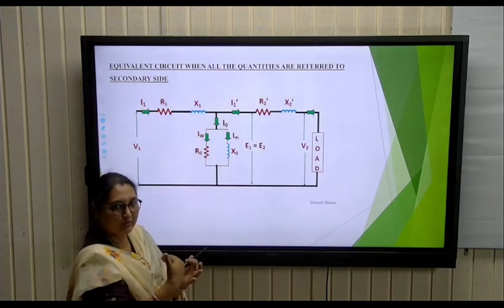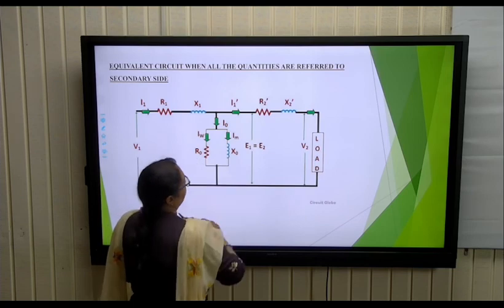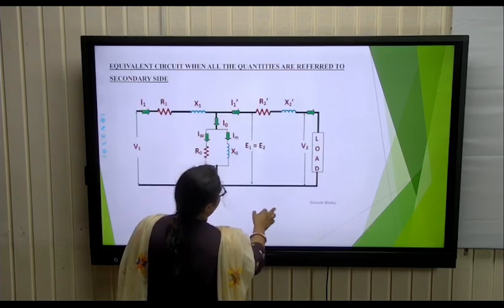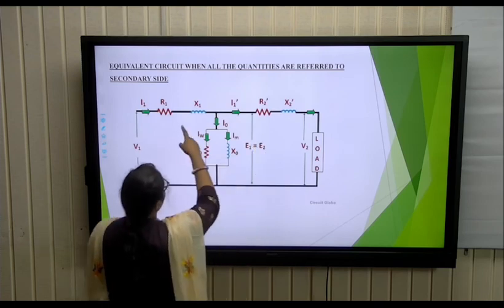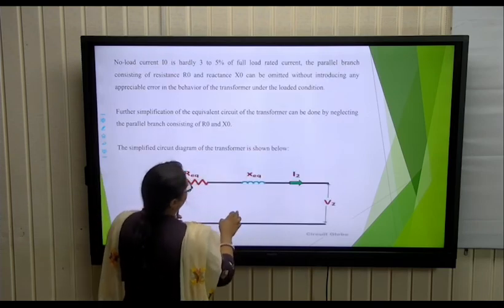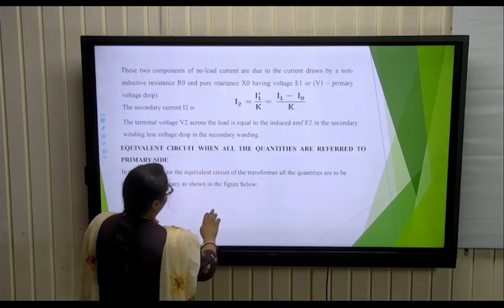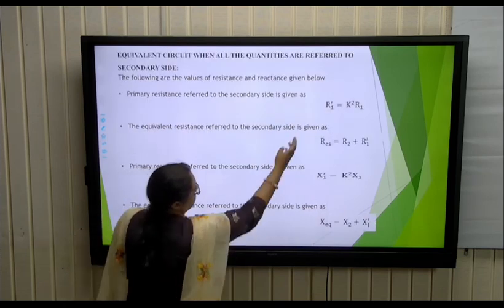When it is reflected on the primary side, then it is indicated by R2 dash. Okay, the same is the case here. When R1 is going to be reflected on the secondary side, then it will become R1 dash. Fine. And this is the calculation.